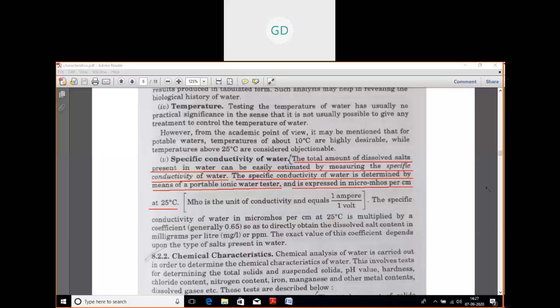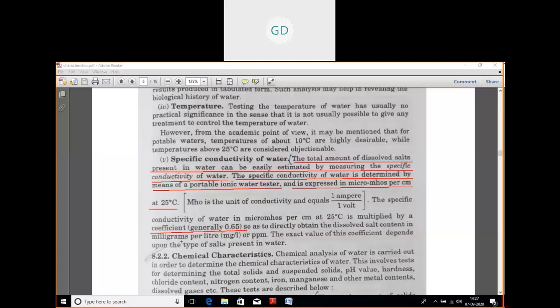Also, for the specific conductivity which you get by measuring with an ionic water tester, whatever value you get, you multiply it by a coefficient. The value of the coefficient is 0.65, to directly get the salt content in your water.